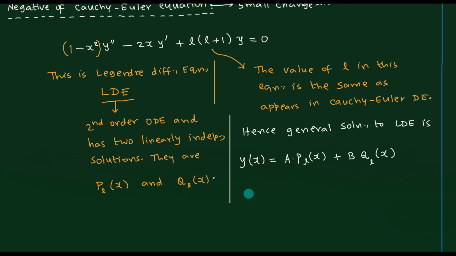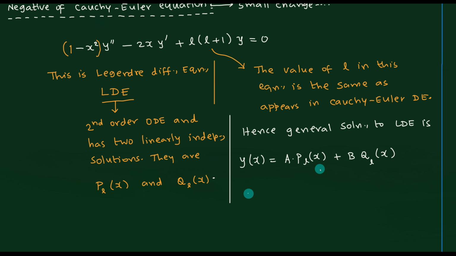This is the general story all the time. Whenever sine theta and cos theta are two linearly independent solutions, what is the general solution? A times sine theta plus B times cos theta. Whenever you get two linearly independent solutions, writing it like this is the traditional way of obtaining the general solution. But now comes the important point.